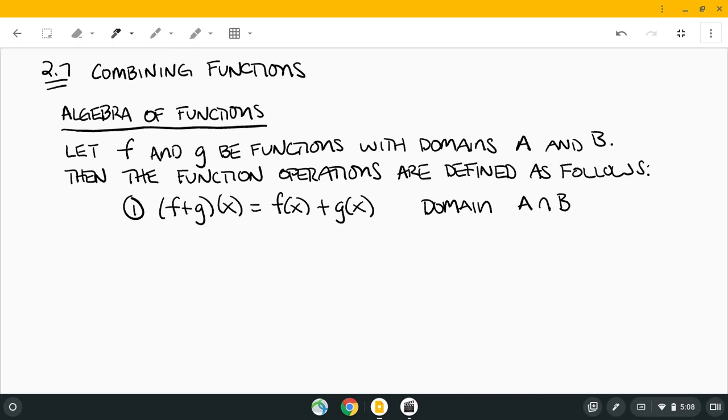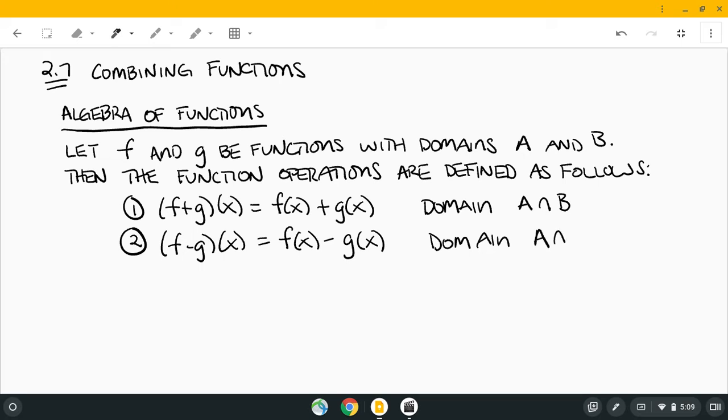And then we also have subtraction between functions, (f minus g)(x), and that is the same as doing f of x minus your g function. And your domain here is also the intersection of A and B.